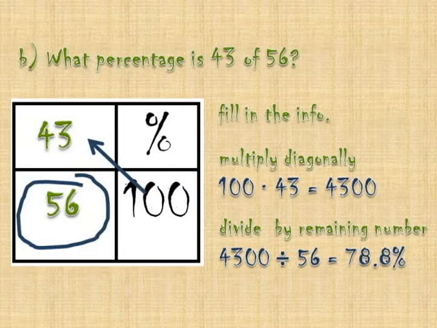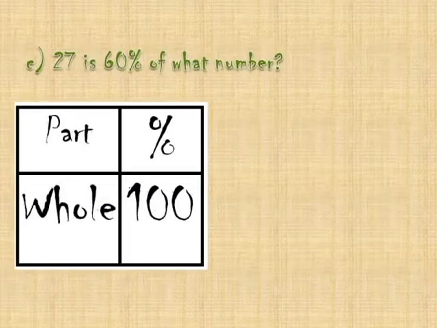It isn't 50, it's not 49, it's 43. So it's about 3/4 or 75% of 56. So logically, to me at least, that makes sense. We have shown that 43 is 78.8% of 56.